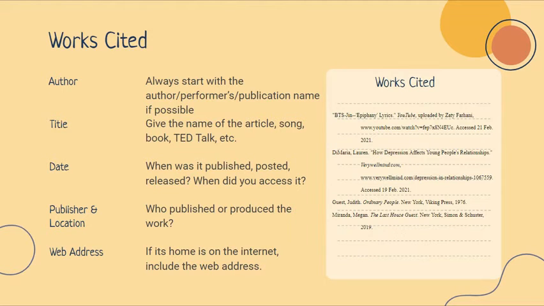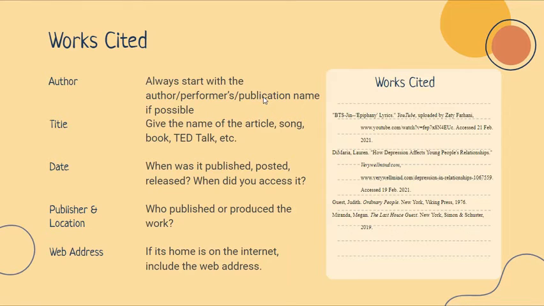All right, now that we've talked about the information you need to put on your slides and the information you need to explain verbally, now you need to work on your works cited, which is your list of sources. So essentially, you need to do these things. If at all possible, you start with an author or speaker's name and you use the last name first and then the first name.